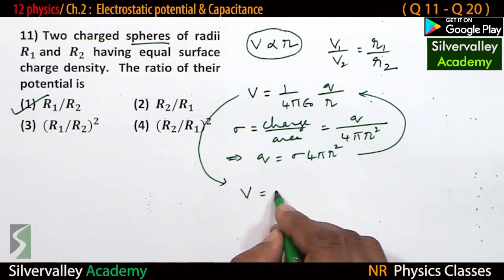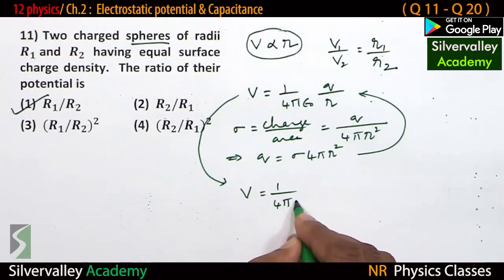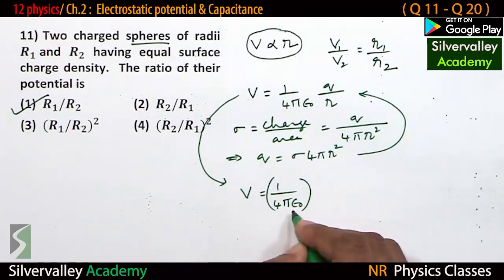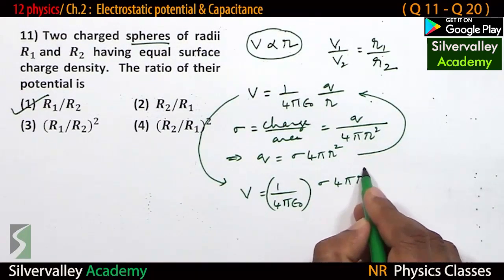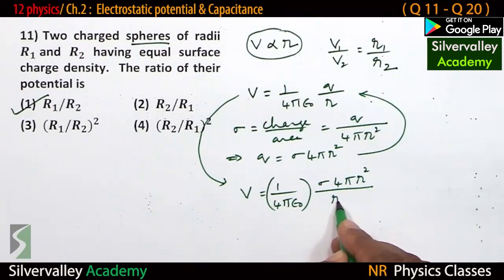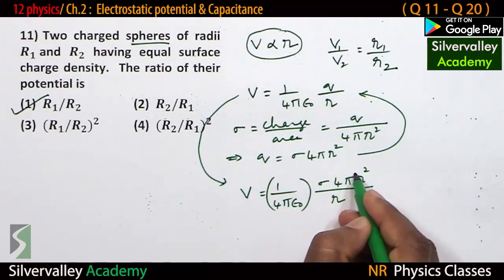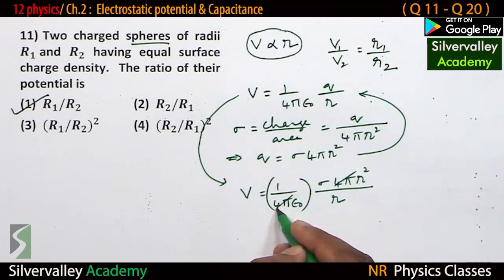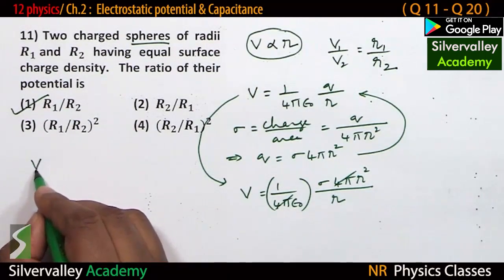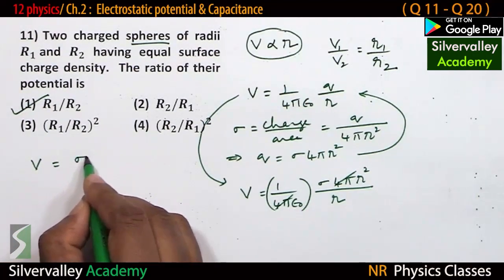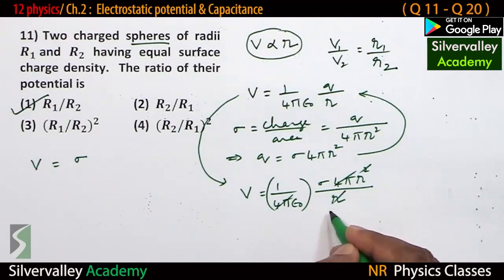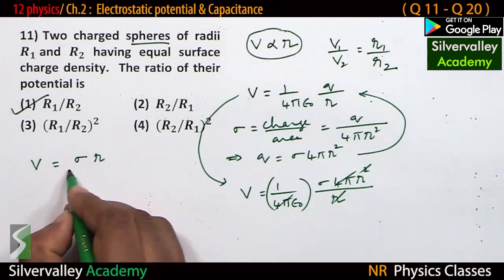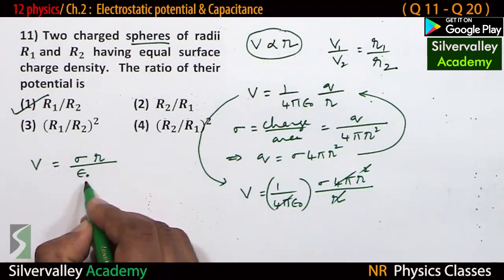potential equal to 1 by 4 pi epsilon naught. Charge is sigma 4 pi r square by r. Observe 4 pi get cancels. So potential equal to sigma r square, 1 r get cancels, sigma r by epsilon naught.